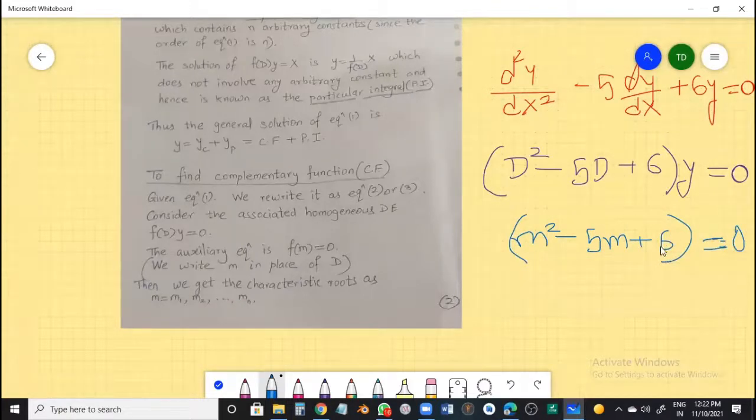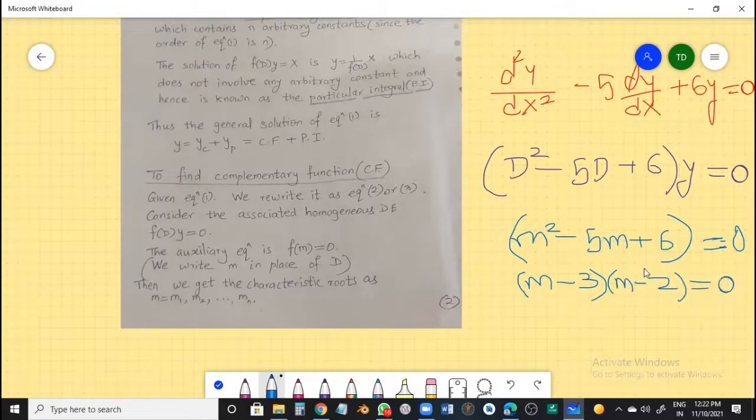So you can factorize. The factors should be such that their product should be +6 and sum should be -5. Already we have done this. m minus 3 into m minus 2. Yes.